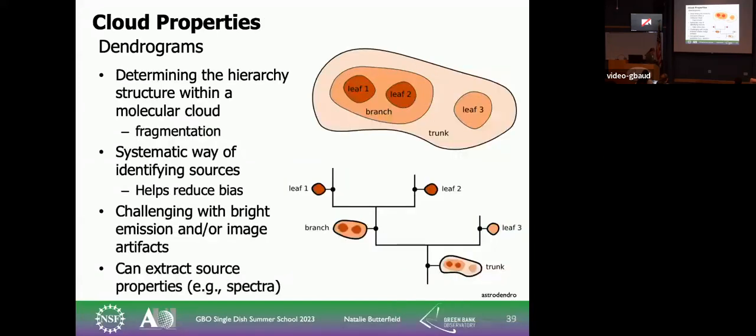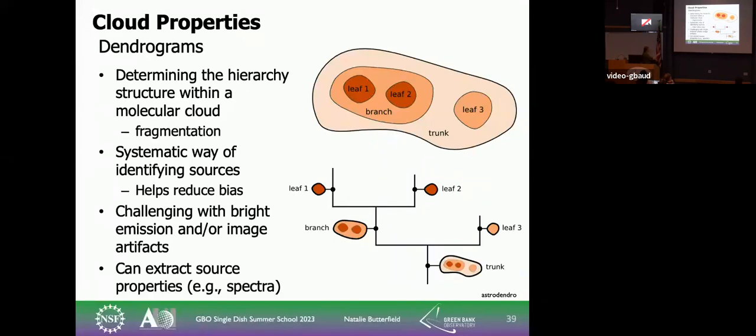All right, so for the first one, dendrograms. Within the last decade or so, dendrograms have been kind of a rising type of analysis. You can use them both with just position, and position and velocity to find these structures. Essentially, you're trying to determine the hierarchy of your cloud or identify sites of fragmentation, where you have trunks, branches, and leaves.